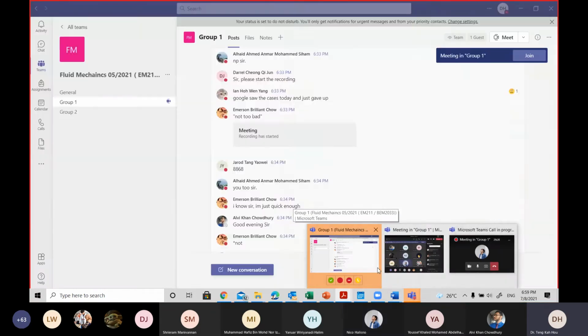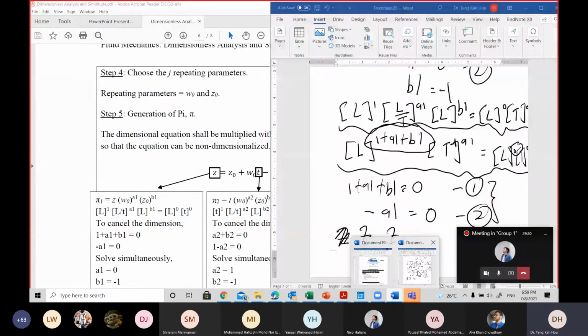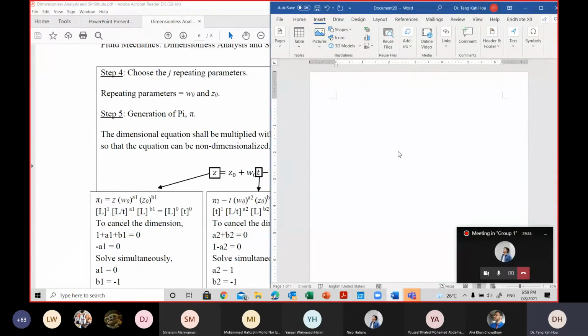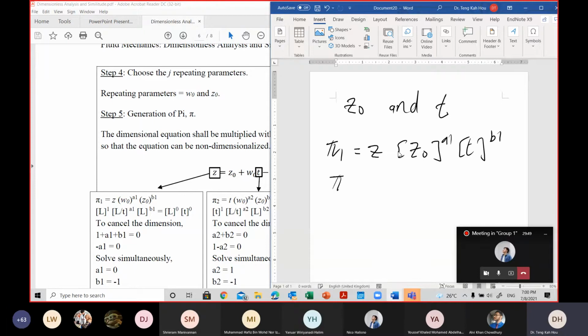Okay, let me show you. If I choose Z0 and T, so my pi 1 will become like this.